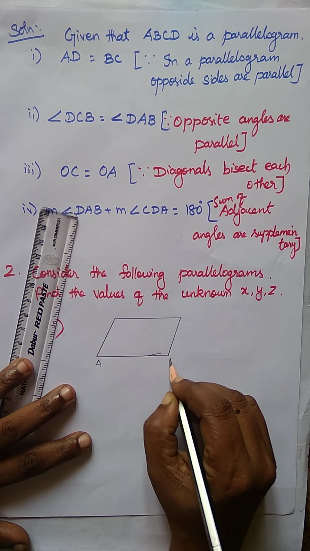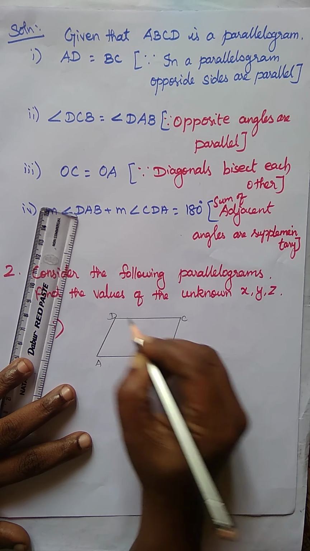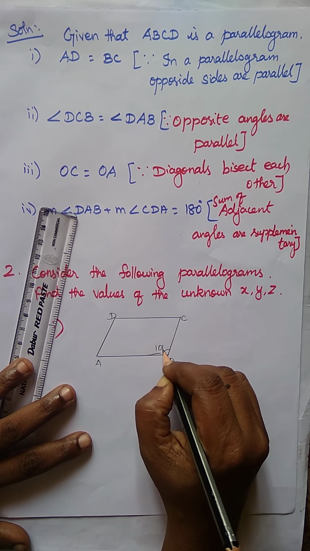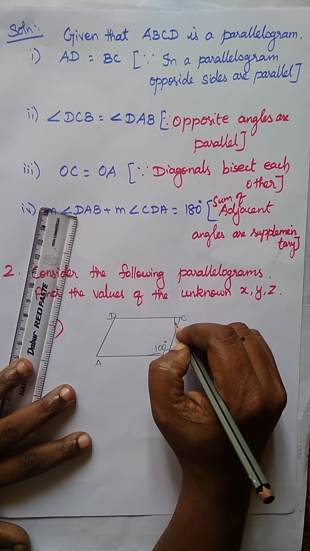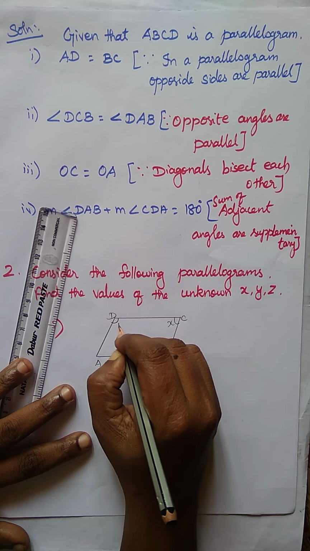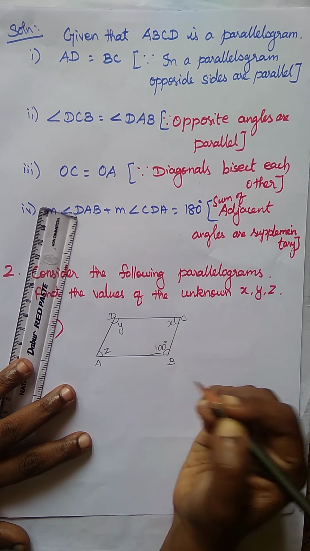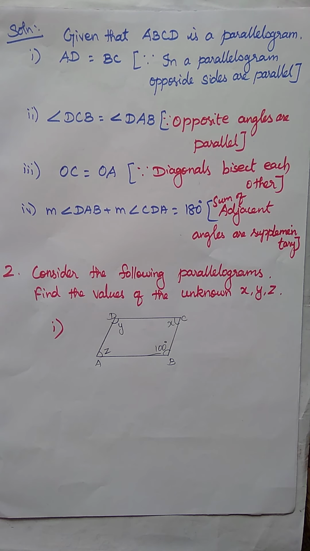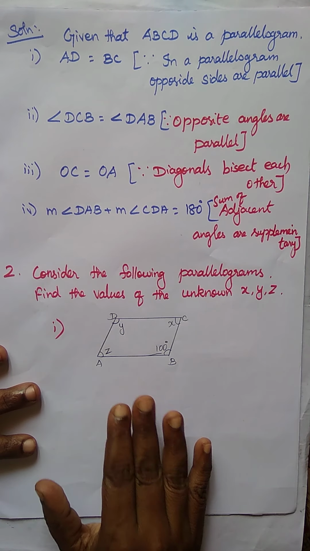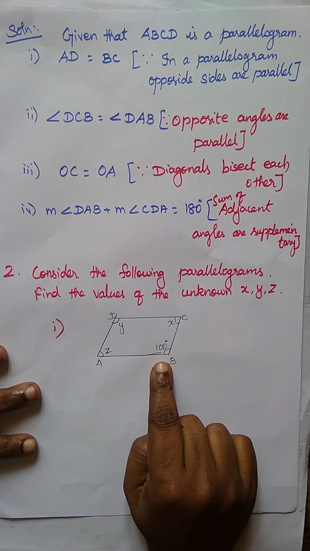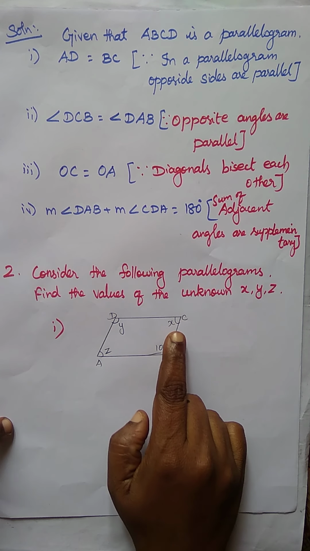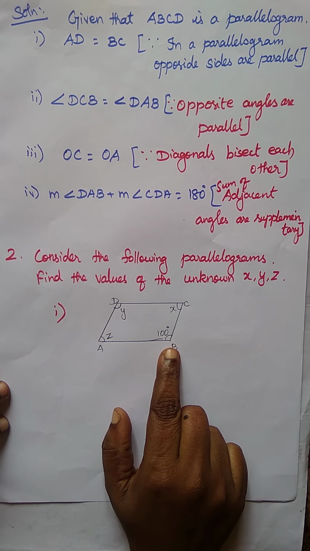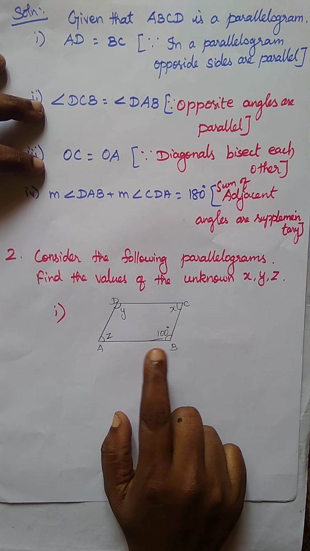Here A, B, C, D. Now this angle is 100 degrees. The unknowns are X, Y, Z. We all know the four properties of a parallelogram. Using those properties we will find the angles. One angle is given, that is 100 degrees. We are going to find the remaining angles X, Y, Z.